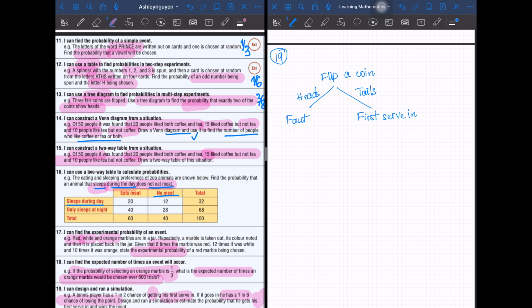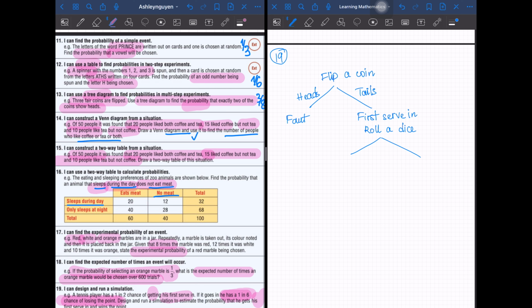And whenever you have the first serve in, it has a 1 in 6 chance of losing the point. 1 in 6 reminds you of rolling a fair die, so roll a die. So a 1 in 6 chance of losing a point. For example, 1, 2, 3, 4, 5, 6.